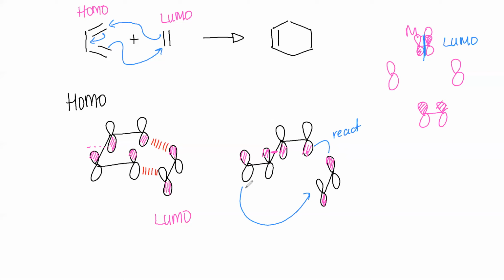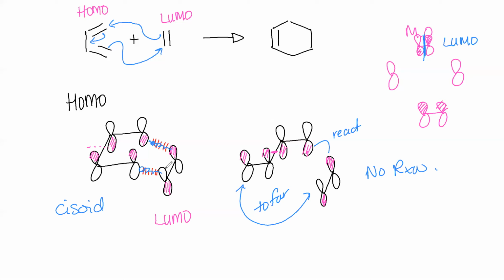So it's too far. So therefore, there's no reaction. So that's why only the cisoid conformation is the reactive conformation. So that's this neat little orbital overlap. This is what's forming the bond.